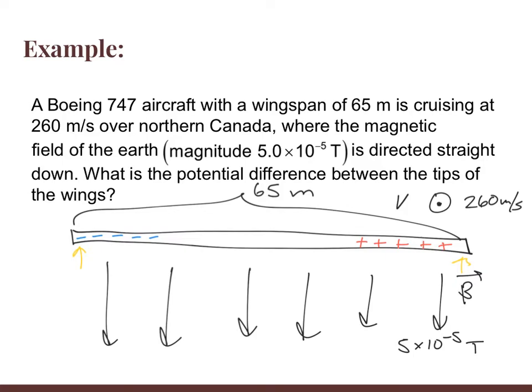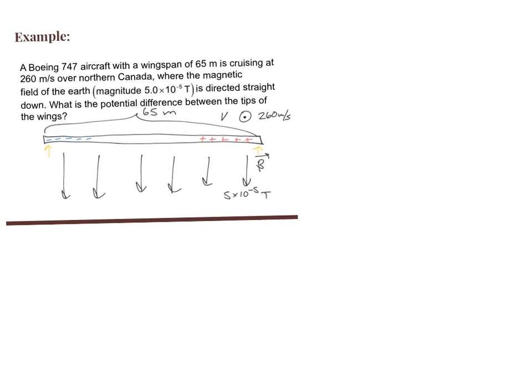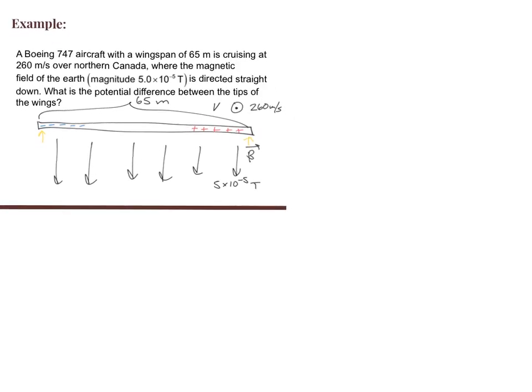So let me go ahead and shrink this down so I can have some room to work. Hopefully you can still see it. All right. So what we're going to do is start with the balanced force for a charge. So at equilibrium, after all the charges have settled out, the forces on each charge will be balanced.